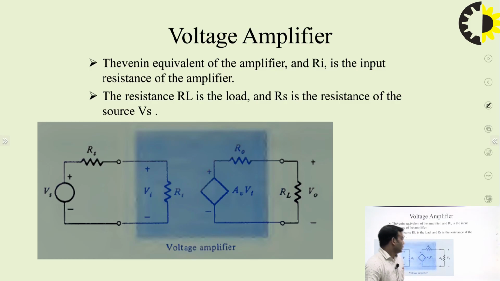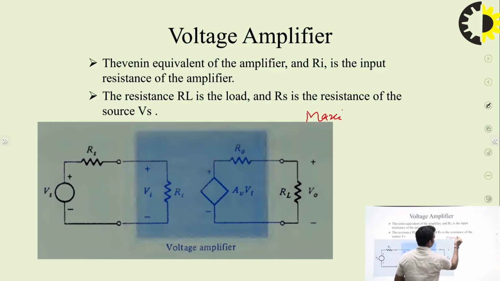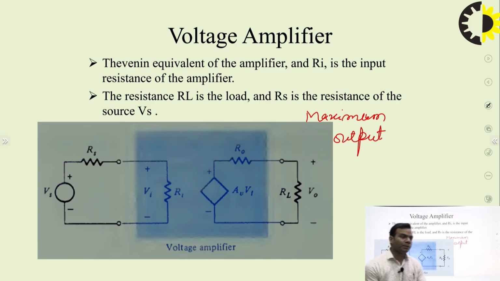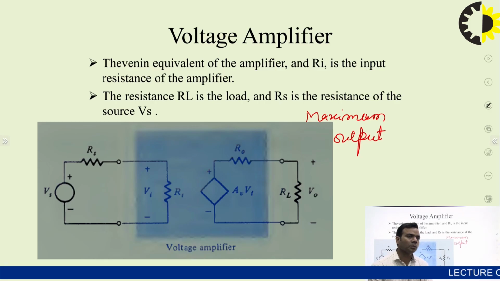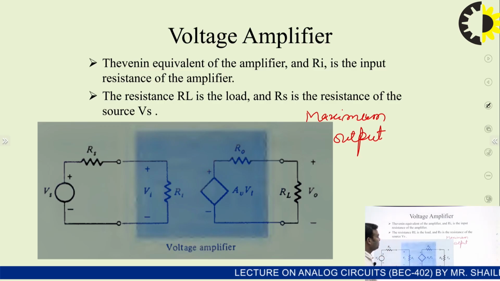If I concentrate on this circuit, then to get maximum output, we are using an amplifier to get more output. Our purpose is to get maximum output from this circuit or any amplifier circuit. So there are certain ways in which we can obtain maximum output.